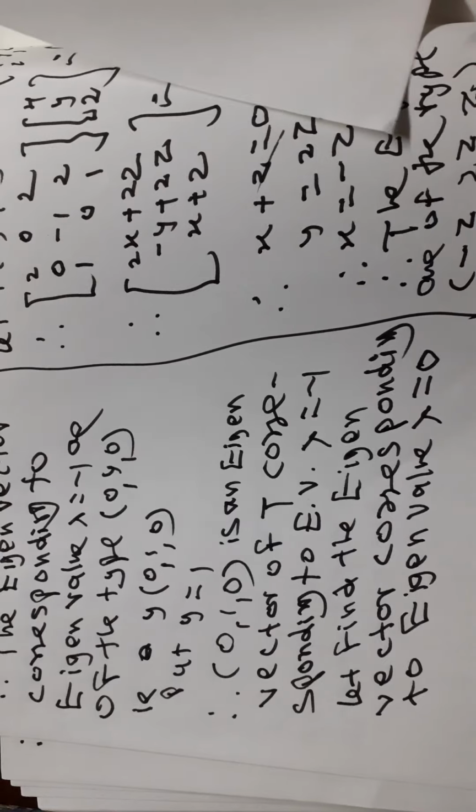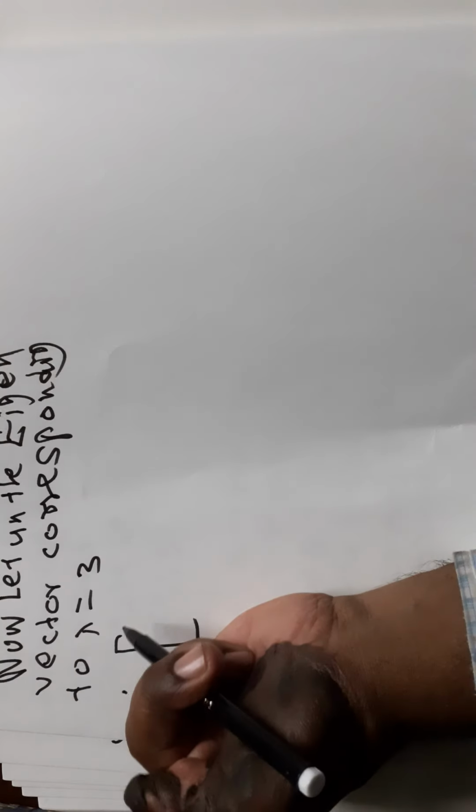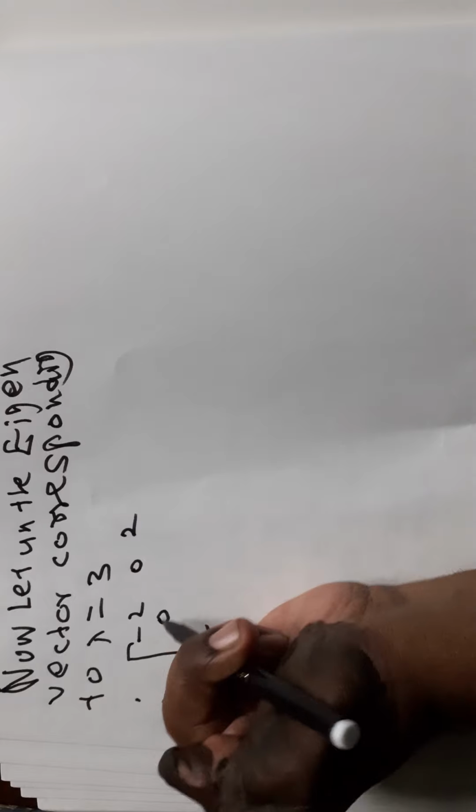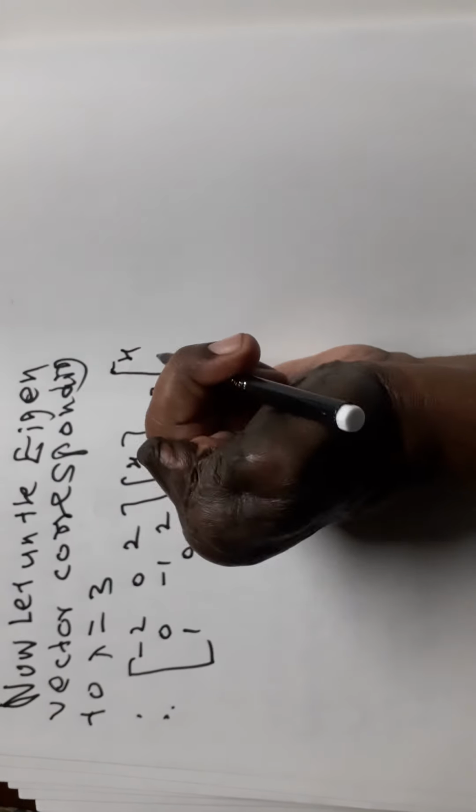Therefore, the matrix [minus 2 0 2; 0 minus 1 2; 1 0 1] times (x, y, z) is equal to 3 times (x, y, z).